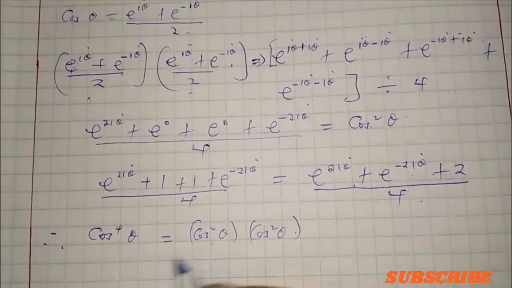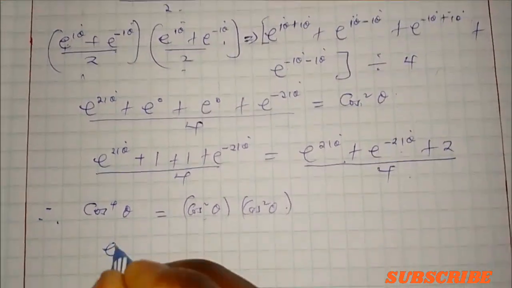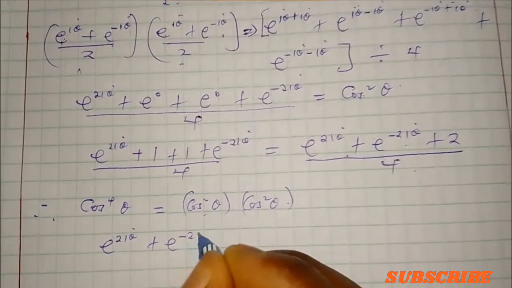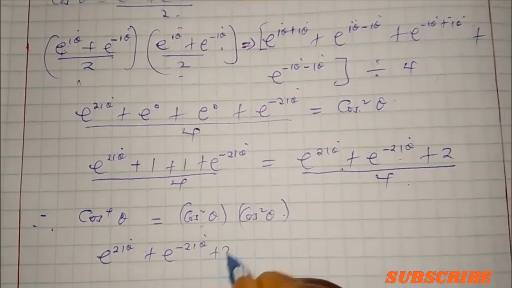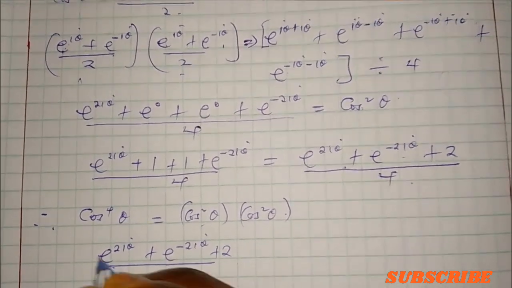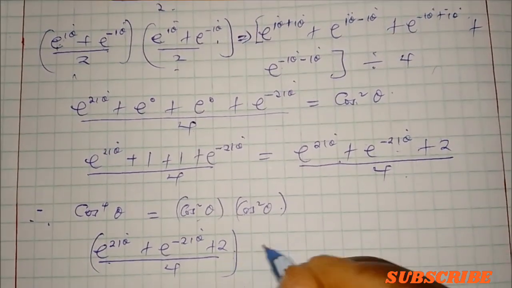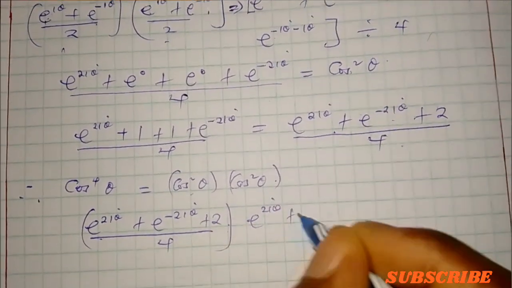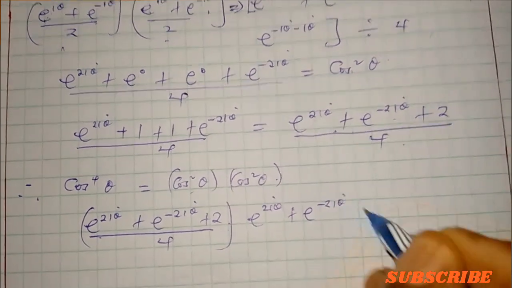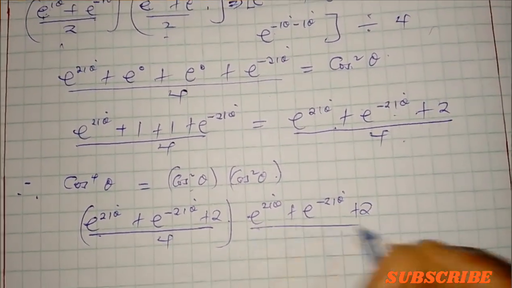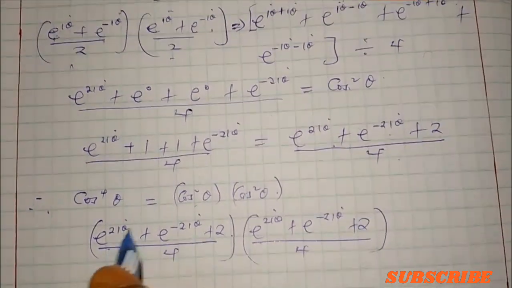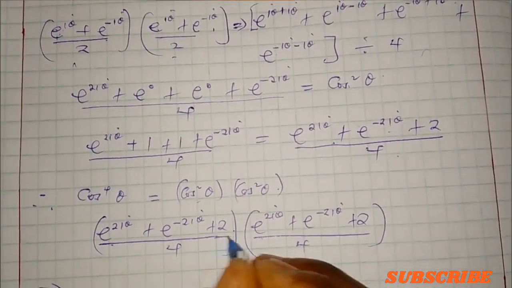So we take (e raised to the power 2i theta plus e raised to the power negative 2i theta plus 2) over 4 and multiply by itself: (e raised to the power 2i theta plus e raised to the power negative 2i theta plus 2) over 4. So we do the multiplication.